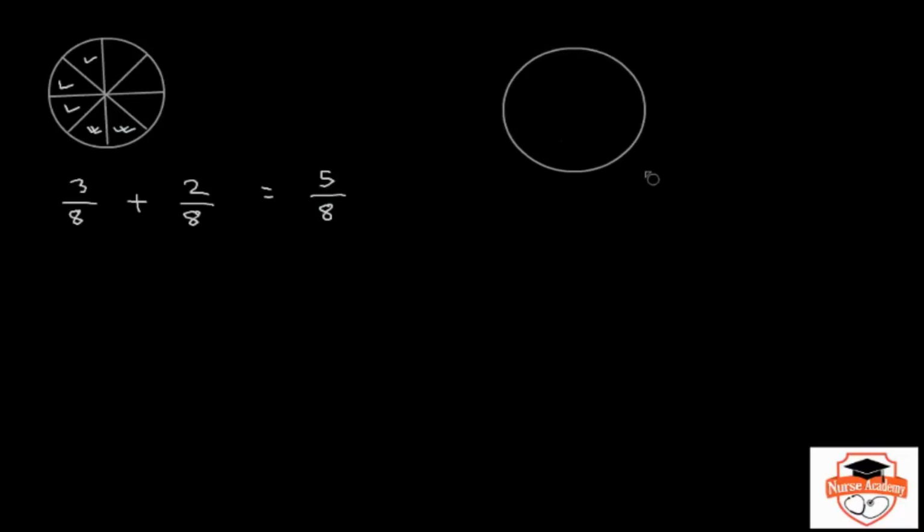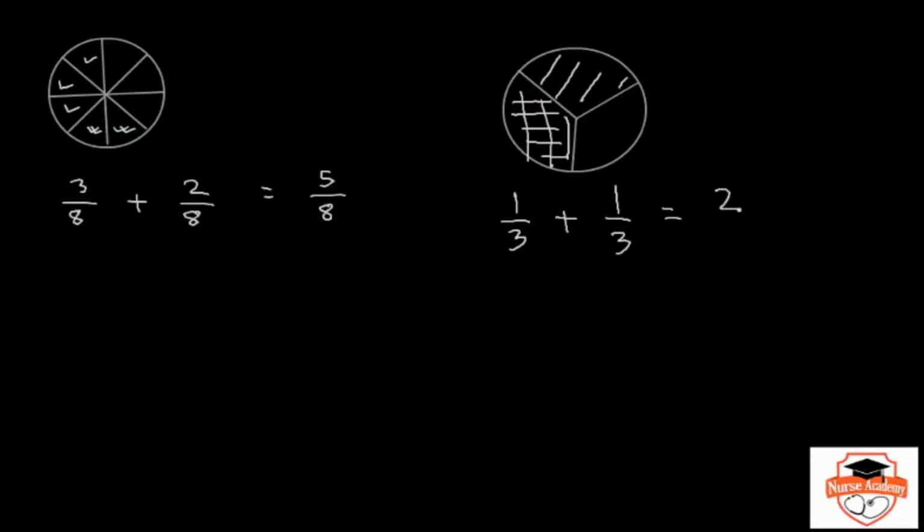Similarly, if I were to cut a pizza into 3 equal pieces and eat 1/3 of it now, and eat another 1/3 of it later, the fraction of the whole pizza I would have eaten is 1/3 plus 1/3, and as we can see from the picture, it's 2 parts out of 3 that's shaded, so this is 2/3.